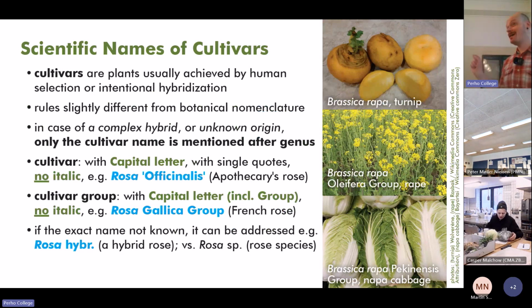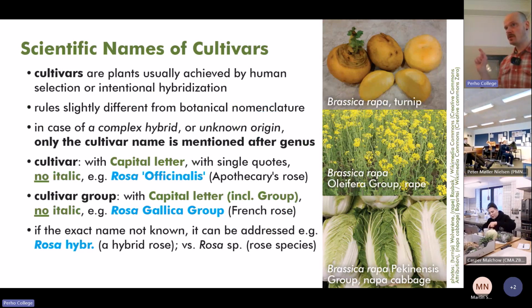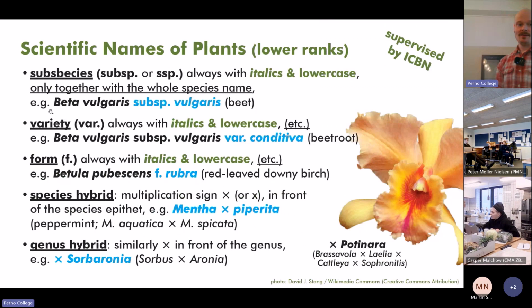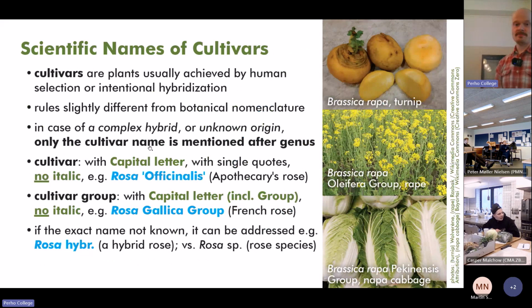We shouldn't talk about varieties, because as we learned before, variety is a certain taxonomic rank, just under subspecies. We shouldn't talk about varieties if we're talking about cultivars.